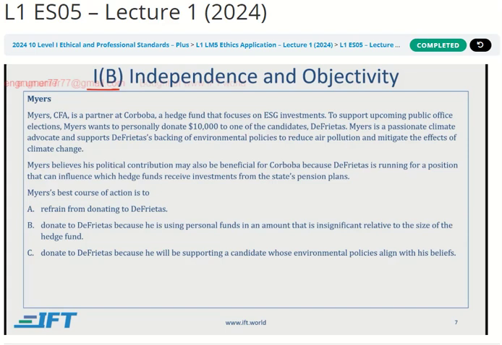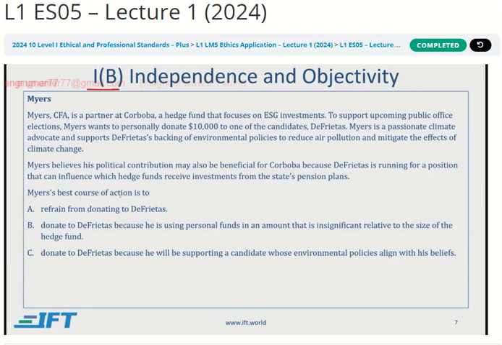Myers believes his political contribution may also be beneficial for Corboba because De Freitas is running for a position that can influence which hedge funds receive investments from the state's pension plans.